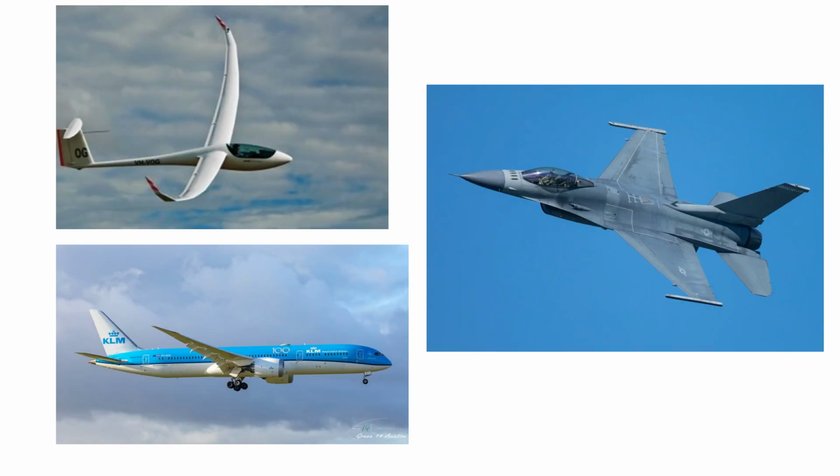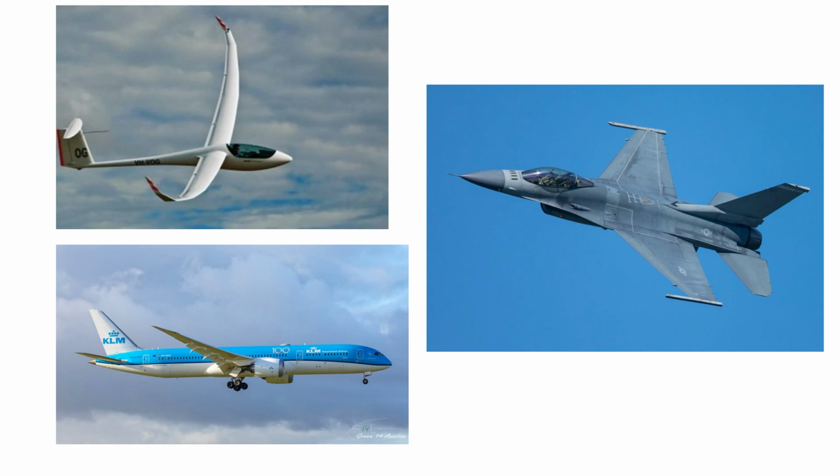Now there are a few more questions you have to certainly know about the fuselage body. As you can see here, I've shown three images. So you can distinguish the fuselage configuration. For the glider, it looks like a kind of tube-like structure. For a big passenger aircraft, it looks like a cylinder type.